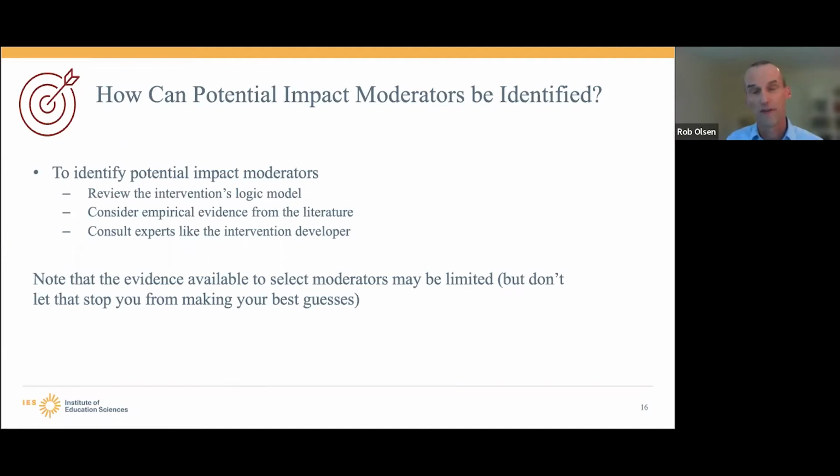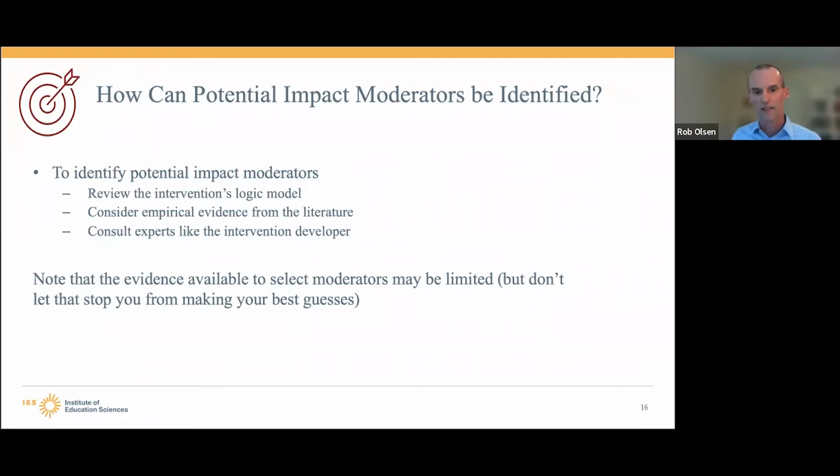Alternatively, if this is the first evaluation of this particular intervention, but there have been evaluations of related interventions, you may find published subgroup evidence from evaluations of related interventions that can help you to select likely moderators for your intervention. And lastly, consult experts like the intervention developer. They may provide some insights about likely impact moderators.